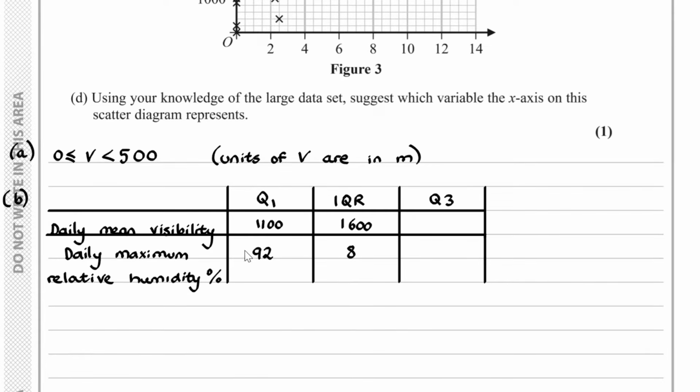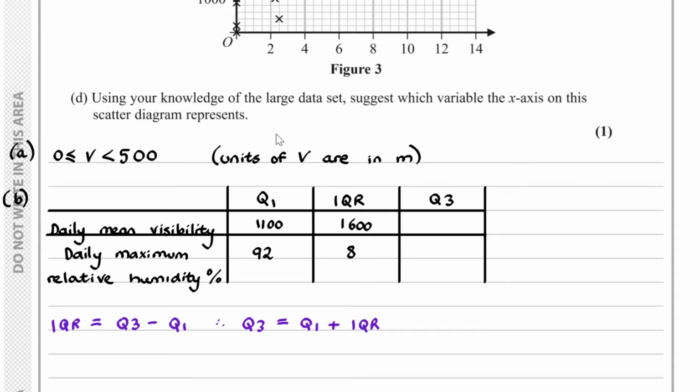So, here I've just copied out the table as given to us in the question, and with this we can find out what the upper quartile Q3 is. We know already that the interquartile range is equal to Q3 minus Q1, from which we can rearrange to say that the upper quartile Q3 is equal to the lower quartile Q1 plus the interquartile range.